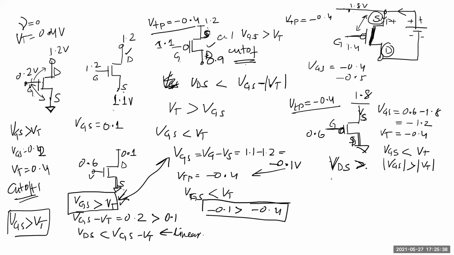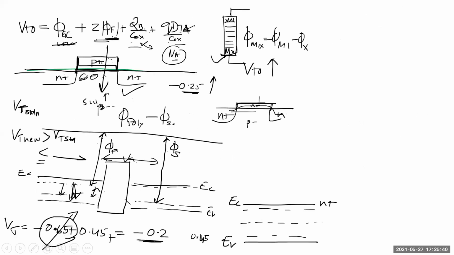Okay. So let's quickly review this. Let's do NMOS first. In NMOS, this is gate, and drain is always higher potential than source, right?